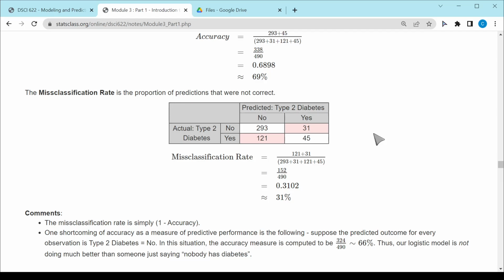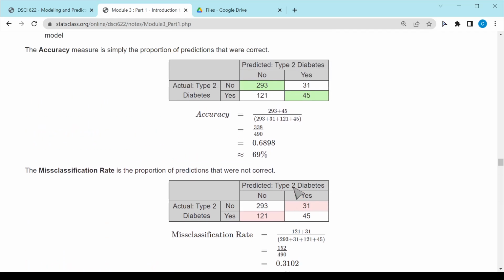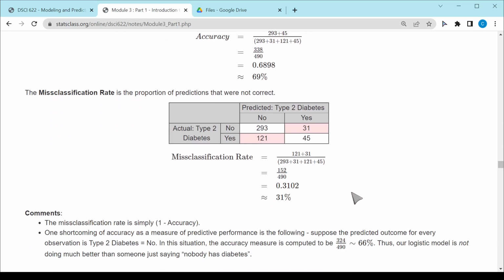The misclassification rate is often cited, and it is just the off diagonals. There's 121 there, 31 there, 152 on the off diagonals, divided by 490, that's the 31%. The misclassification rate is just the opposite of the accuracy rate. All the observations are either predicted correctly or predicted incorrectly.